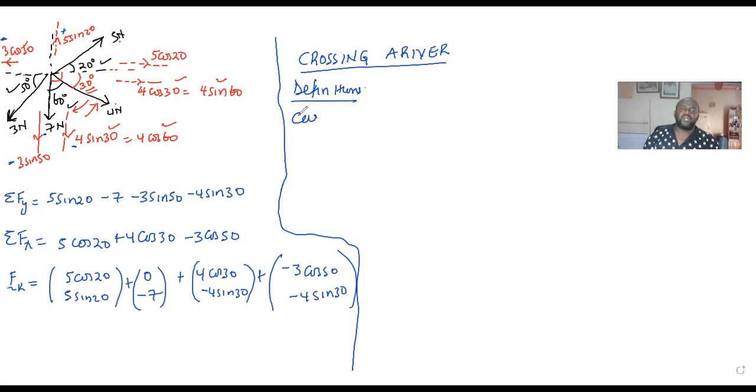We have case 1. Case 1 is called crossing a river by shortest route. Sometimes we call it shortest distance.